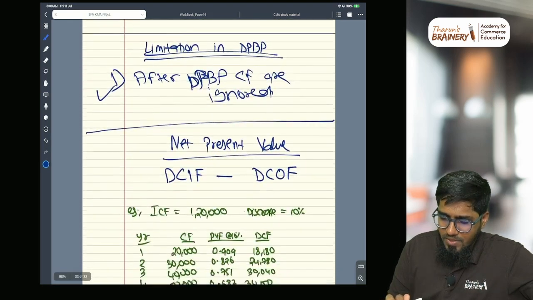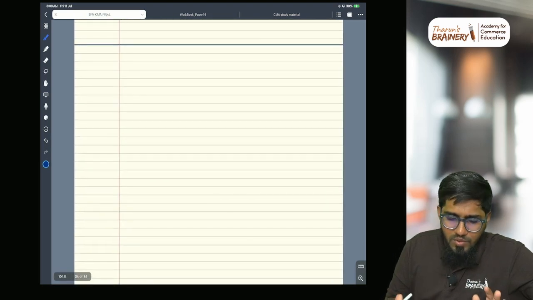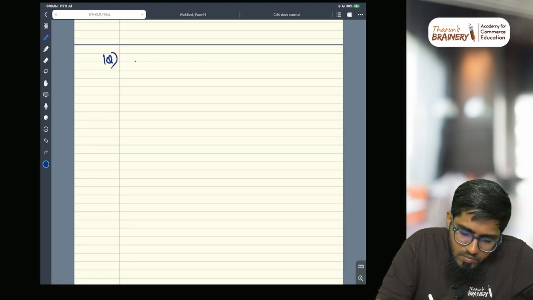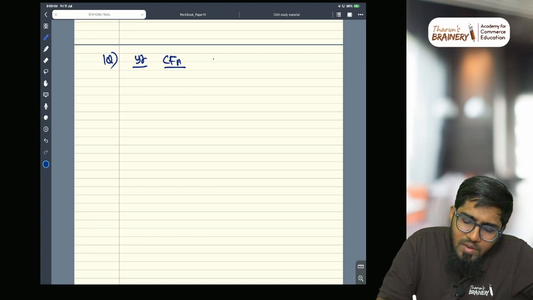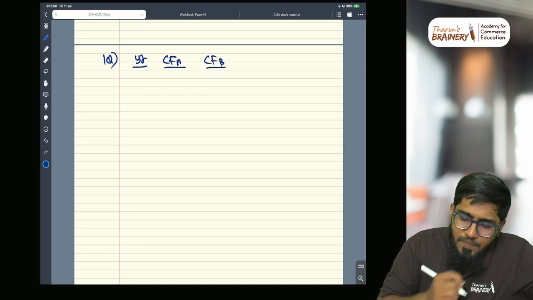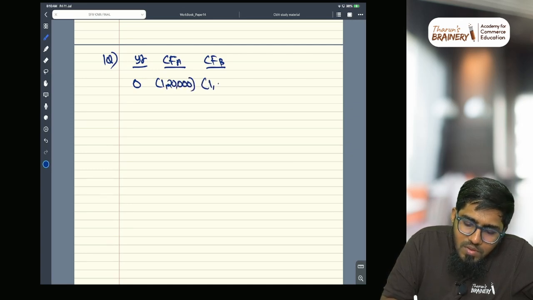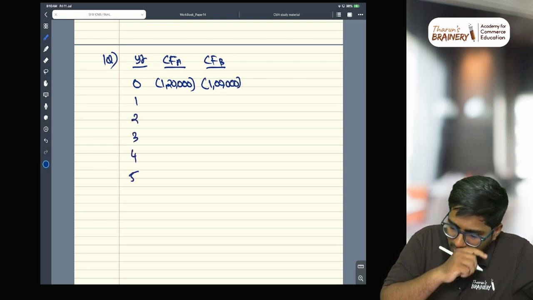Okay, so now if you're understanding, I will give you a question. Here, cash flow A and then cash flow B. Zeroth year, 1,20,000 and 1 lakh. Years 1, 2, 3, 4, 5.